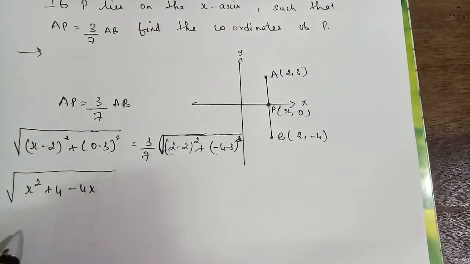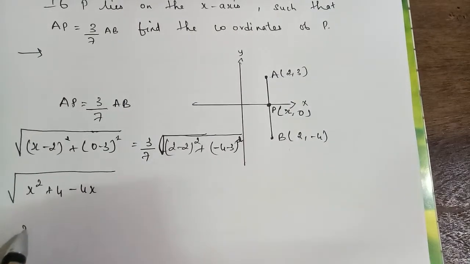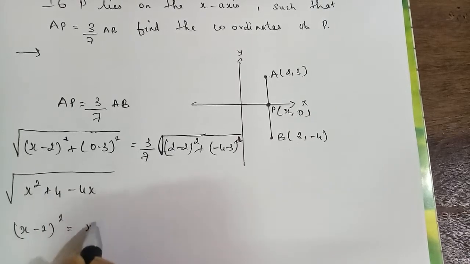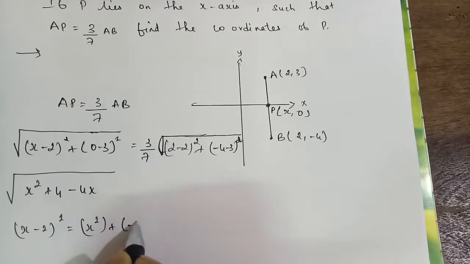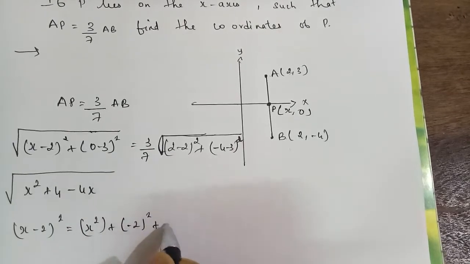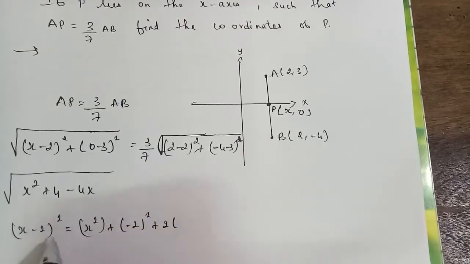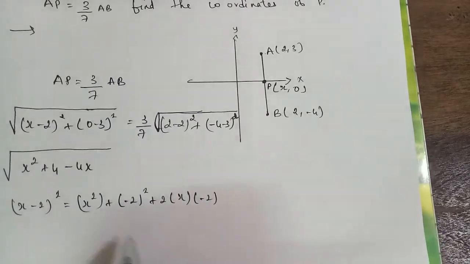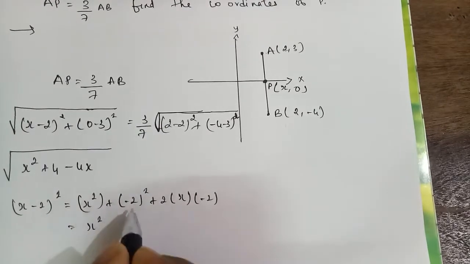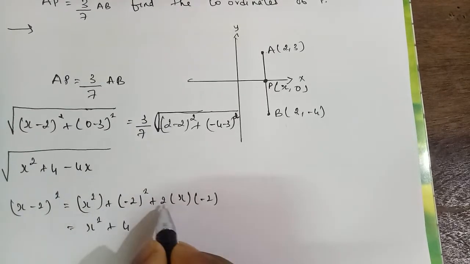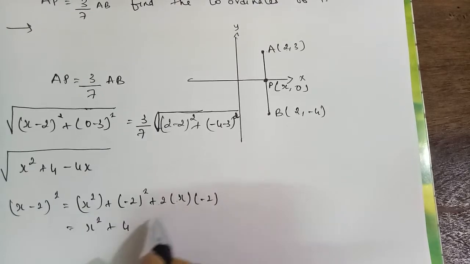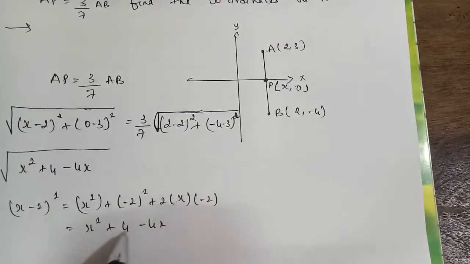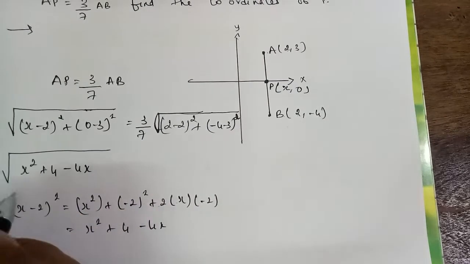If you have a doubt, we can write here: (x minus 2) the whole square is equal to x square plus (minus 2) the whole square plus 2 into x into minus 2. So x square plus 4, minus 2 into 2 is 4, so 4x. That is what I have written here.